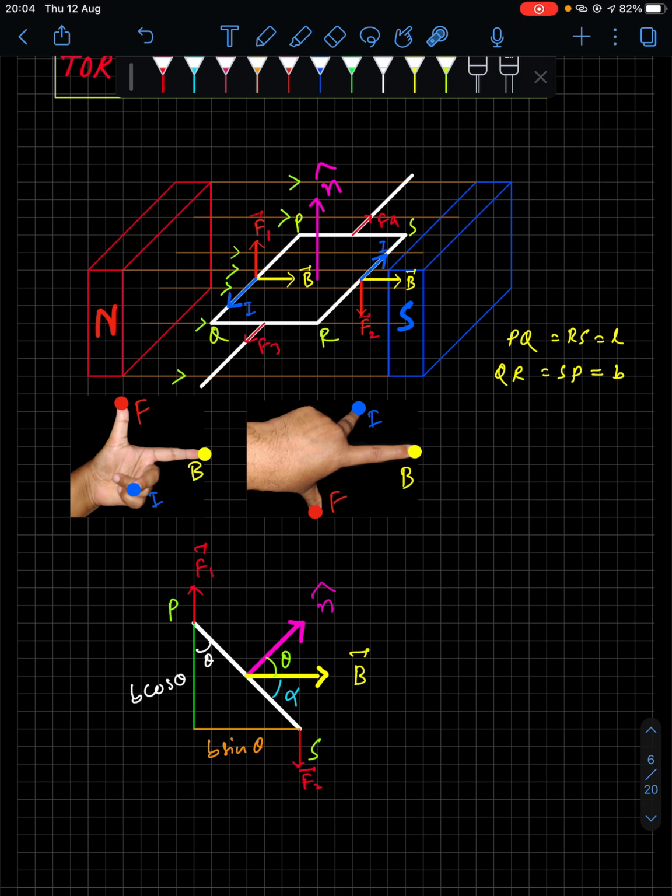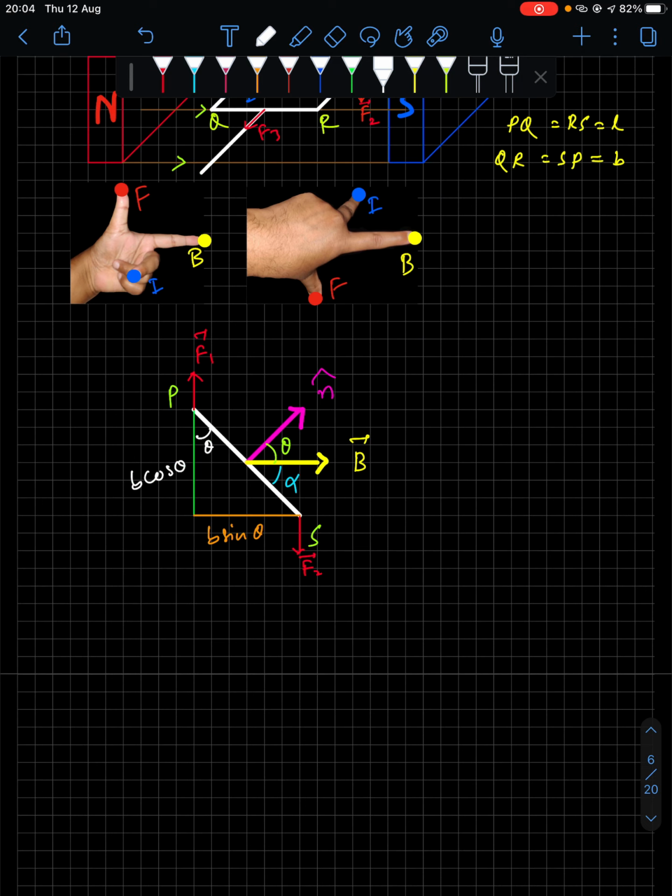Now what is force on a current carrying conductor of length L? Force on a current carrying conductor of length L is represented by F equal to I L cross B, that we have worked out in the previous lecture.